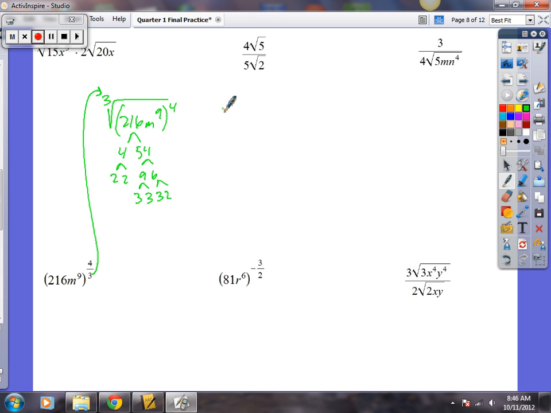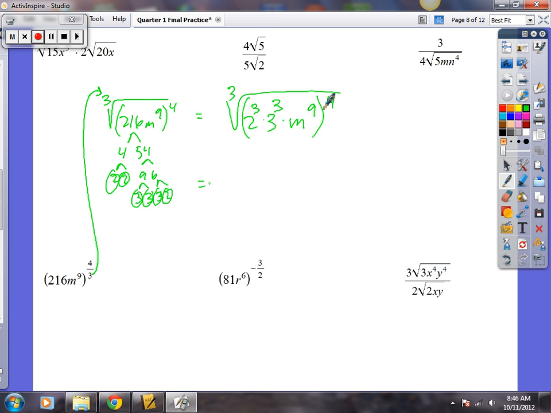Okay, so I'm going to swap out 216. I'm going to write the cube root. I'm going to trade 216 for, I think I got 3 of each. Yeah, I do. I've got 2 cubed times 3 cubed times m to the 9. But that's all in parentheses still, and there's still an exponent of 4. So, move number 3.